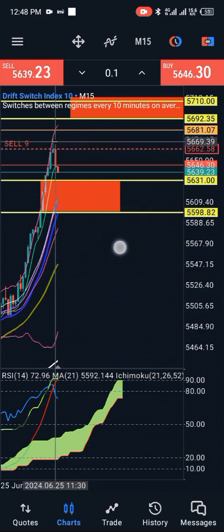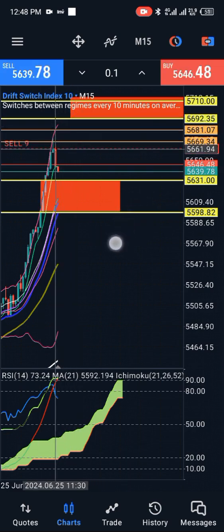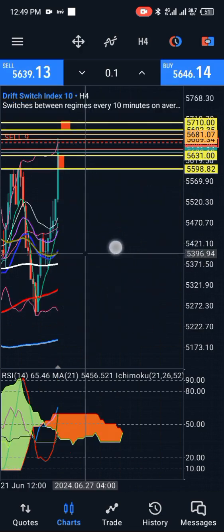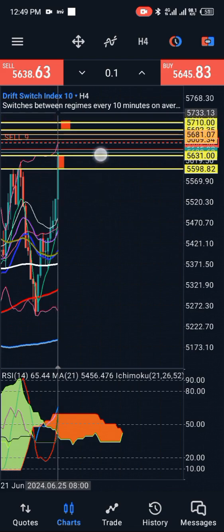And the reason why I looked for this opportunity without relying on this particular zone is because of H4 powerful buy. There's no way that this candle is going to continue buying, wow, without pulling back. It's not possible.